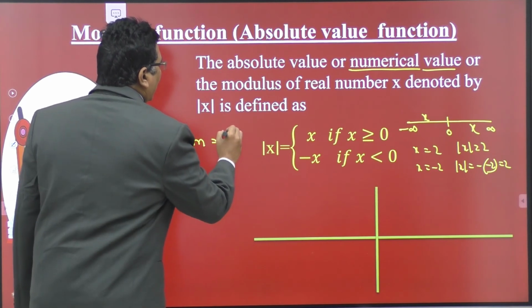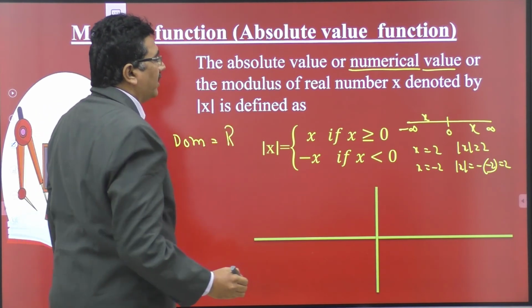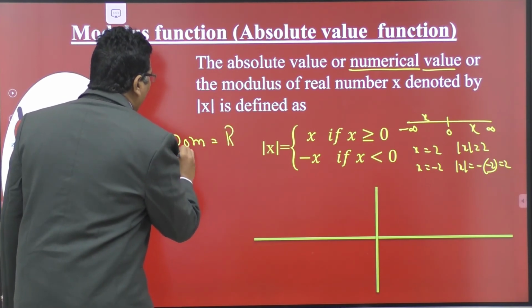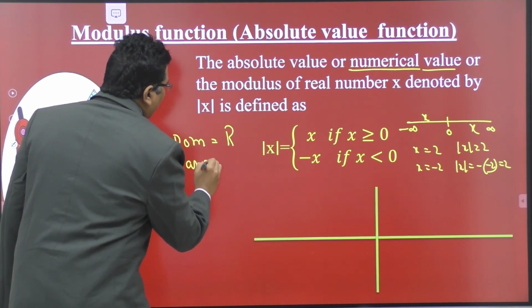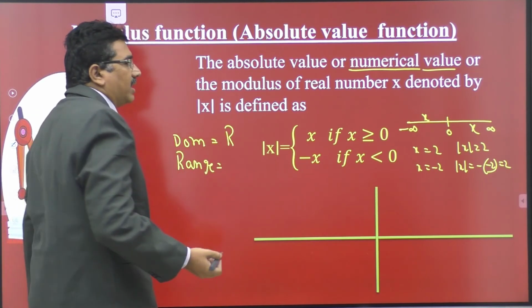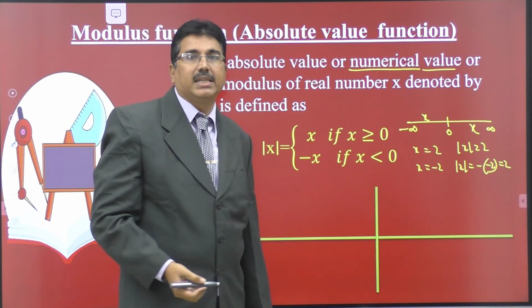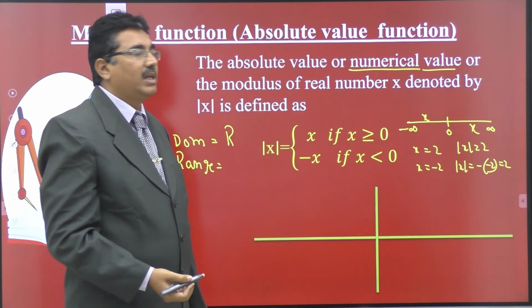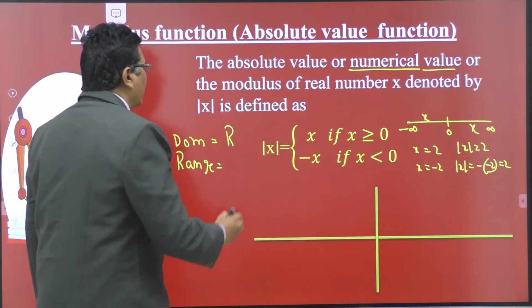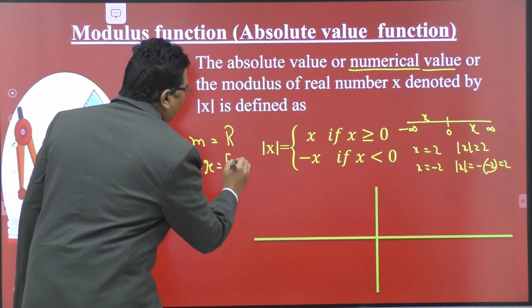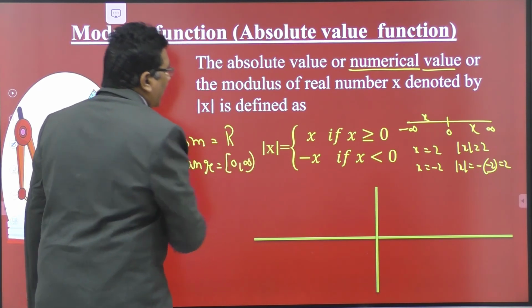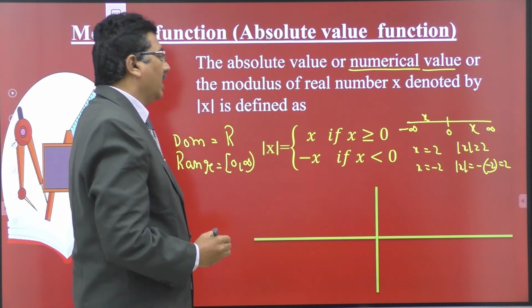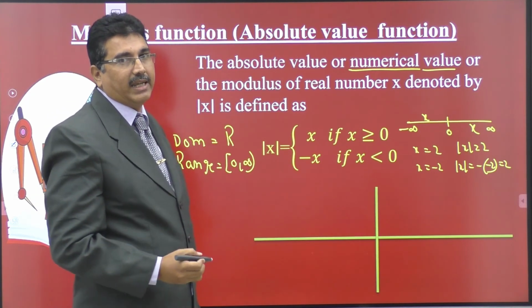That's why the domain is equal to R. Now what is the range? Distance is always non-negative. So the range is equal to the closed interval 0 comma infinity.